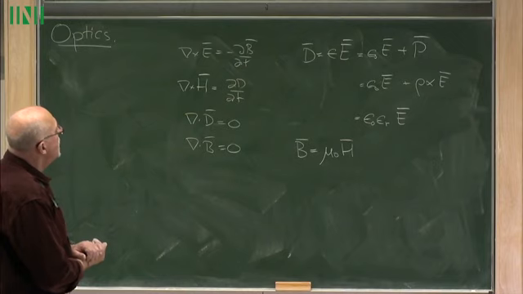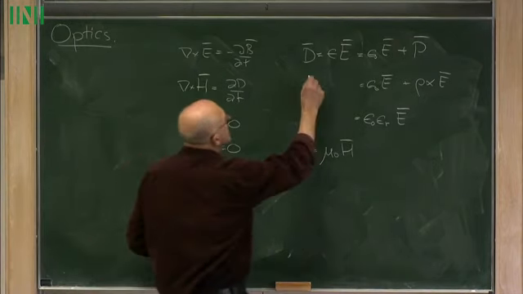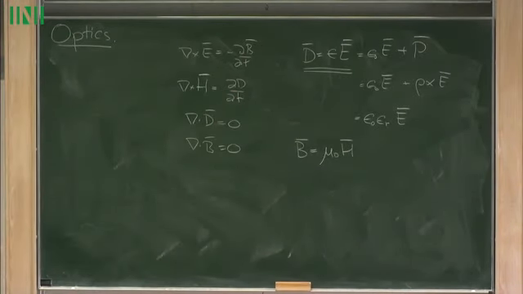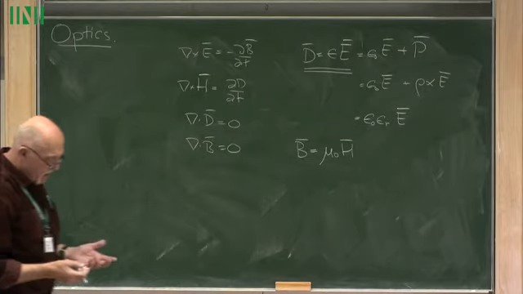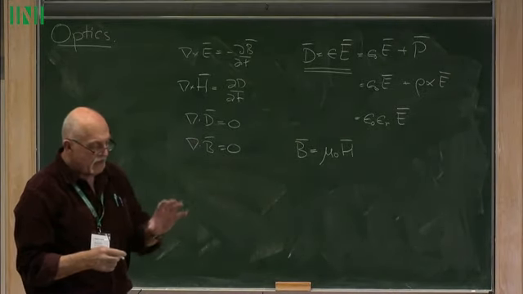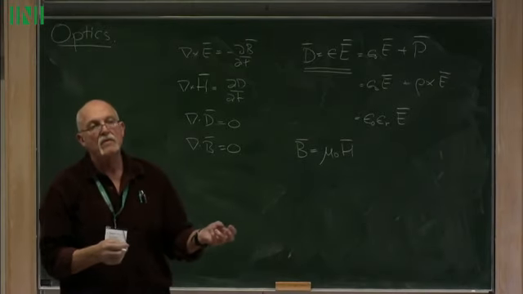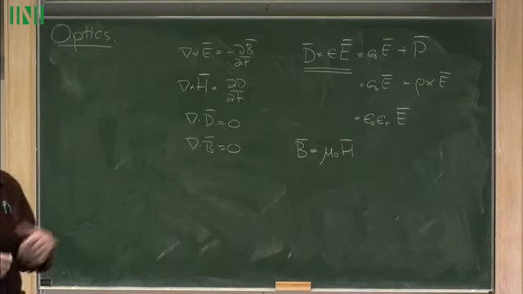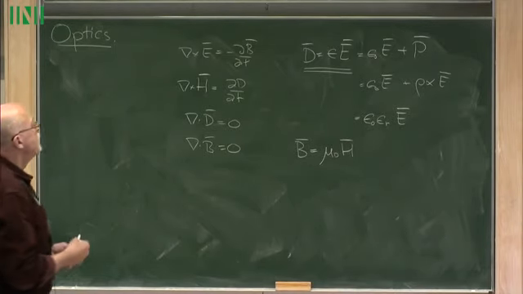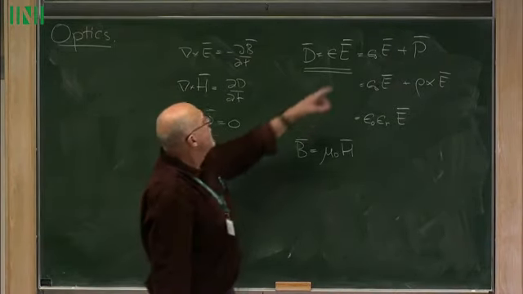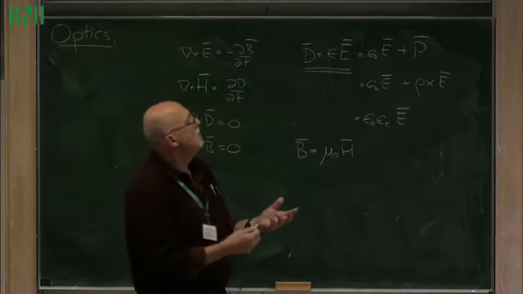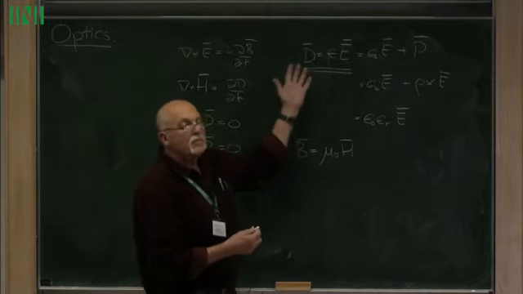Okay, now a point I want to make is basically this: we know that in real systems, if I apply an electric field, the charges will move, and that will take some time. And so the response is not instantaneous, and if I apply some arbitrary electric field, I have to worry about the time response. So it's not simply a product.